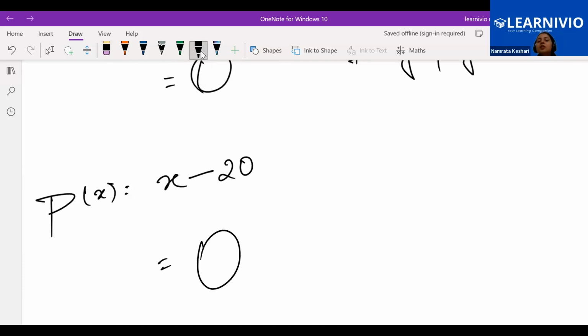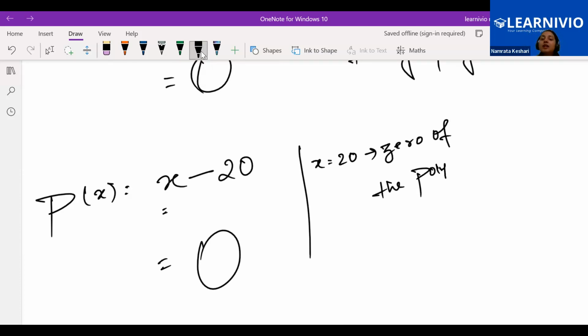What is that particular x value which will make the complete polynomial zero? x equals to 20 is the zero of this polynomial. So now you can understand, zero doesn't mean x equals to 0. Zero means such an x value which will make the polynomial 0, and that particular x value is called the zero of the polynomial.